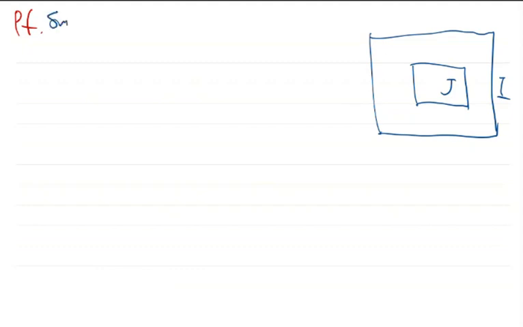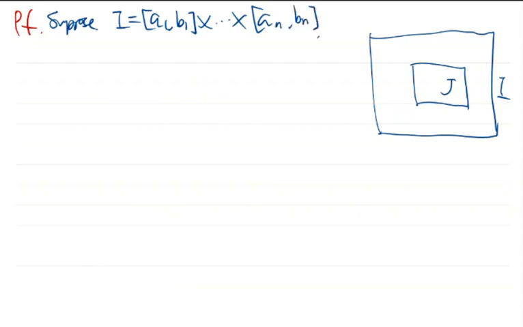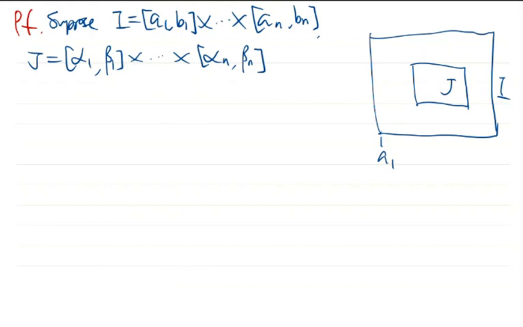Suppose I is a rectangle with edges [a1,b1], ..., [an,bn], and J is also a rectangle, [alpha1,beta1], ..., [alphan,betan]. So this is a1, b1, this is a2, b2, this is alpha1, beta1, this is alpha2, beta2.